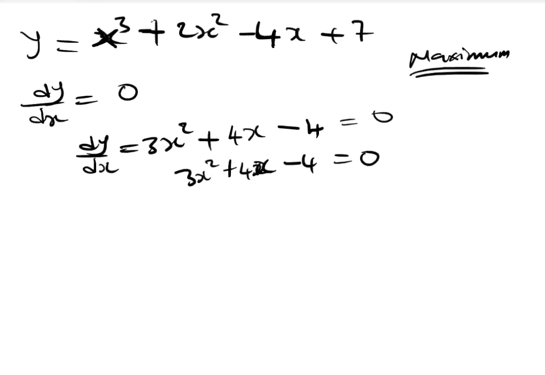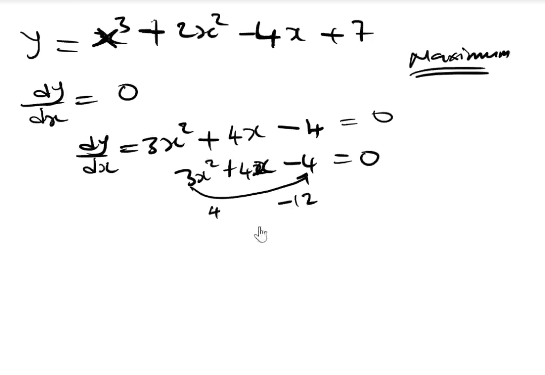We can solve this using the factorization method. The coefficient of x squared here is 3, and 3 multiplied by minus 4 will be minus 12, and the middle value is 4. Therefore, we have to look for two numbers which, when multiplied, give us minus 12, and when added, give 4.